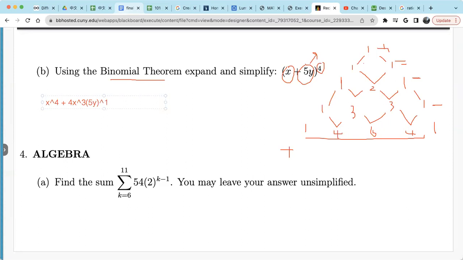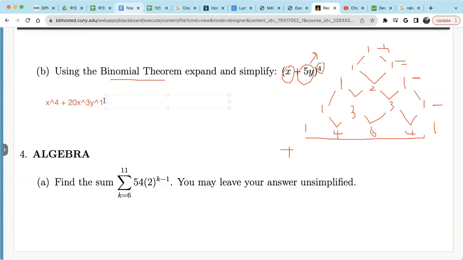Then we can simplify. 4 times 5 is 20. So 20 x raised by 3, and then y raised by first power. So the first term is x to the fourth power. Second term is 20x cubed y.